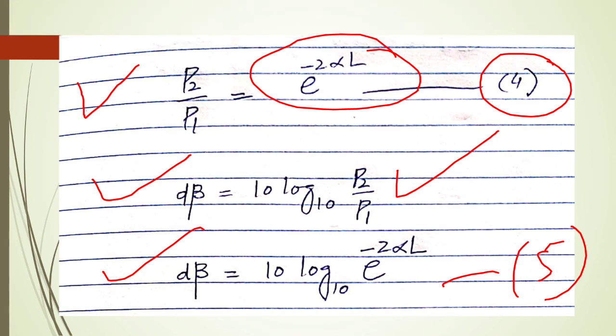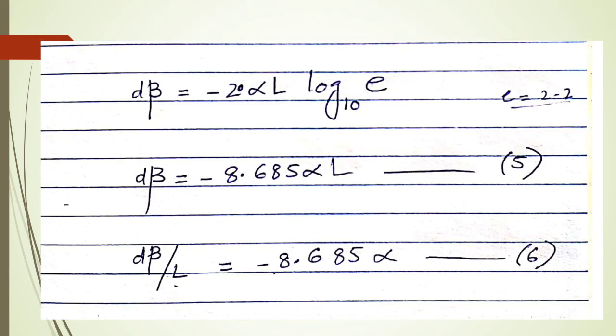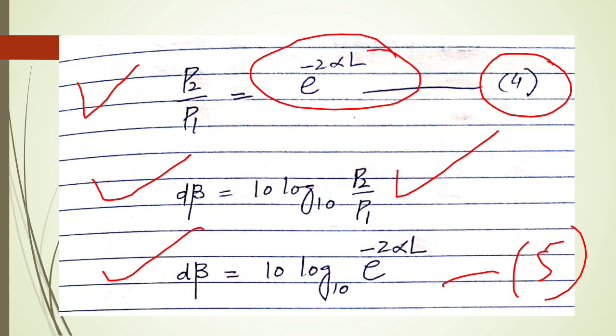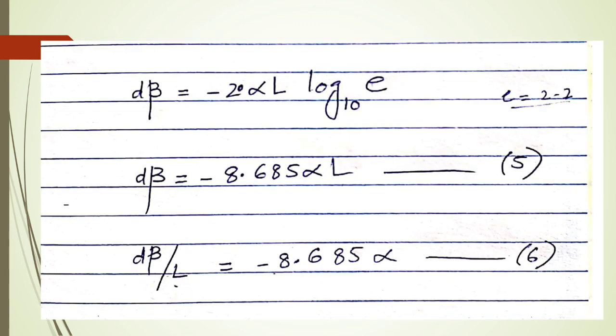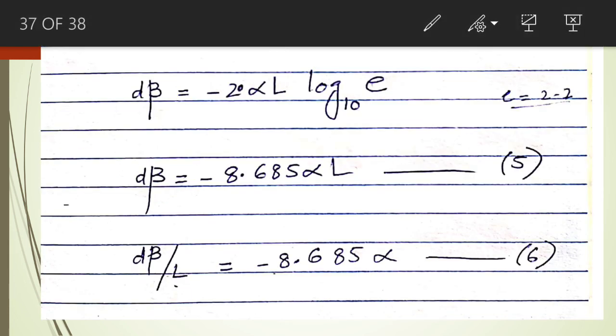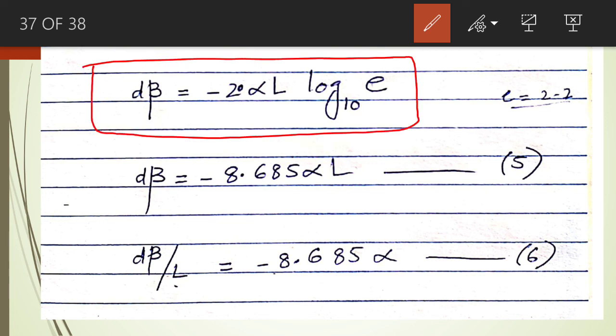Equation number 5 can be written as minus 20 alpha L into log of E. So the decibel value of the loss will be equal to minus 20 into alpha into L into log of E. We know that E is basically equal to 2.71.